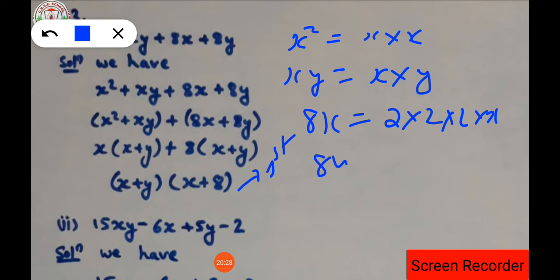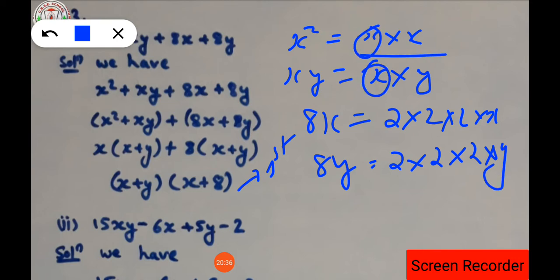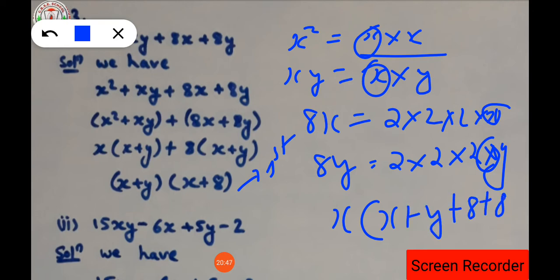Then again 8y can be expanded as 2 into 2 into 2 into y. Now what is common here? x is common everywhere, isn't it? So only x can be taken as common, and the rest of the terms will remain inside the bracket, isn't it? So look, here many terms are inside the bracket.